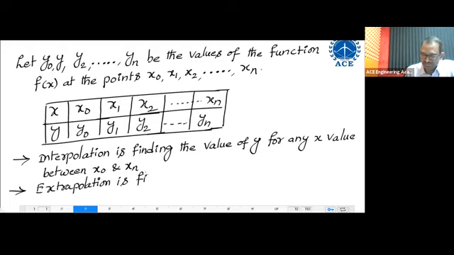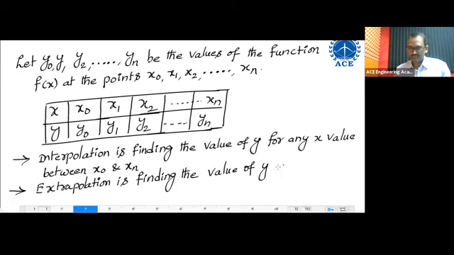Extrapolation is finding the value of y for any x value outside the given range.